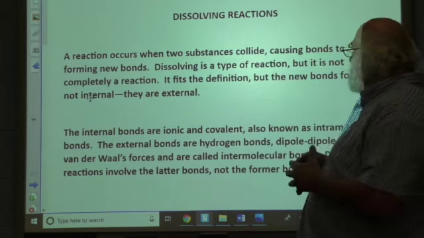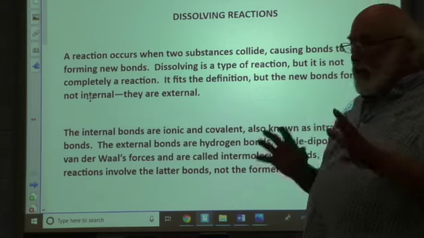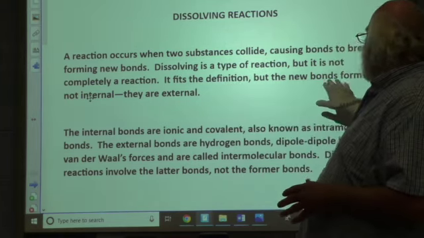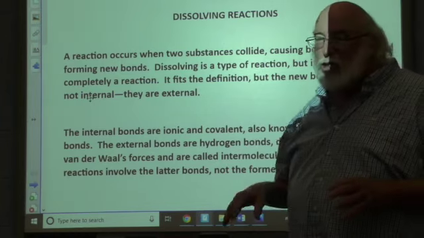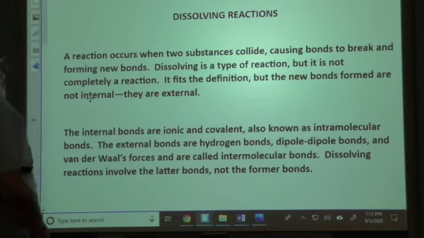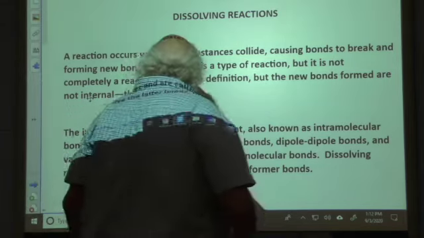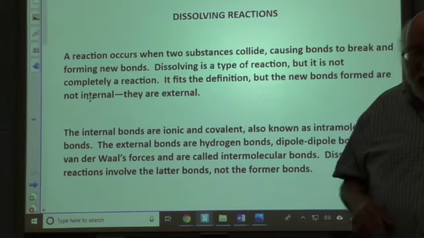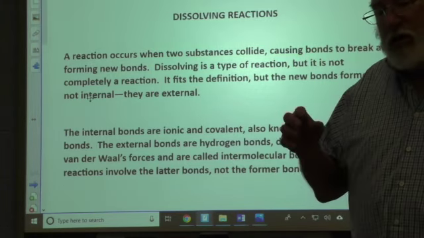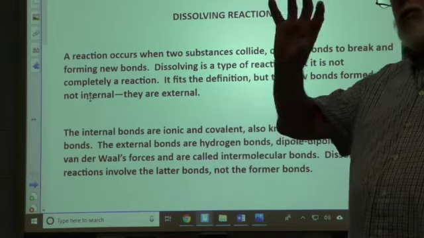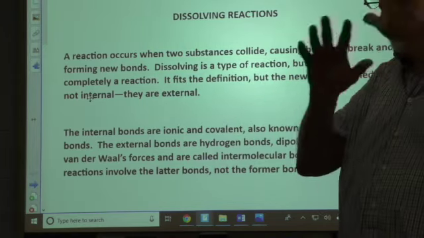Dissolving is a type of reaction, but it is not completely a reaction. It fits the definition, but the new bonds formed are not internal, they are external. And what I mean by that is that when a true reaction takes place, the bonds that hold the atoms together break apart, and they form new bonds either with each other or with other particles.